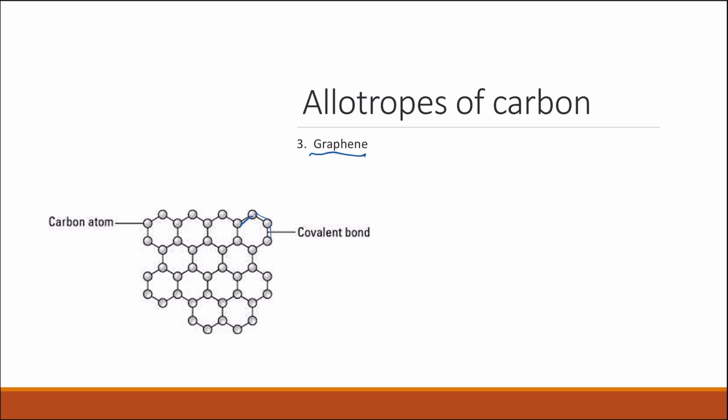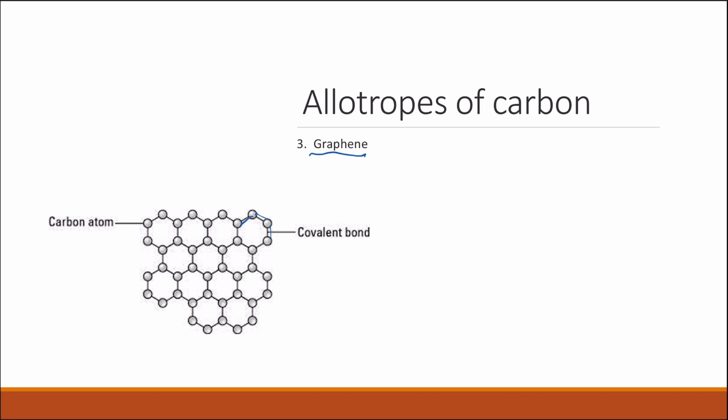The sheet of the graphene is only one atom thick, so that makes it a 2D compound rather than 3D, because as we can see it's only one sheet. The covalent bonds between the atoms make it very strong with a very high melting point.